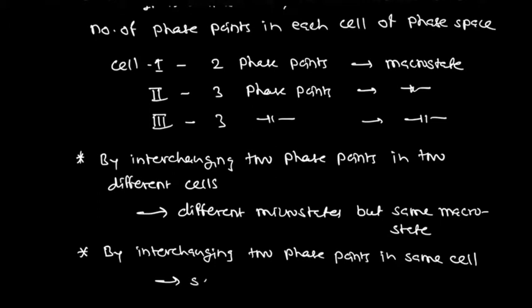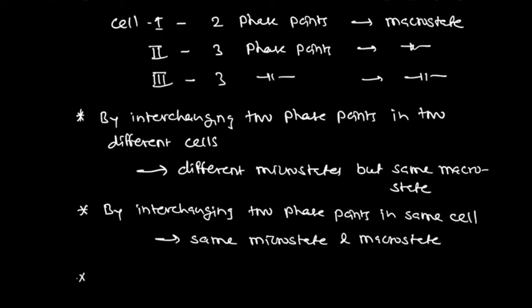We get the same macrostate, since the number doesn't change, and also the phase points are interchanged only within that cell, therefore the microstate also remains the same.